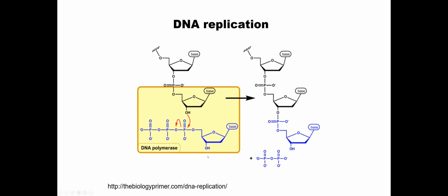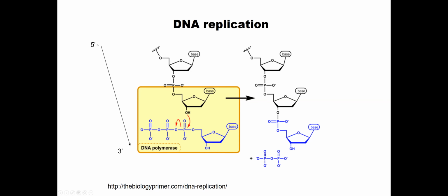Because of this reason, nature could have had another option. Maybe this triphosphate could be added at the 3 position. Then the 5' hydroxyl can attack, and then it can go this way. But it seems nature decided on this way to synthesize. That's why DNA synthesis always happens in the 5' to 3' direction. And interestingly, the template direction is the opposite to this.